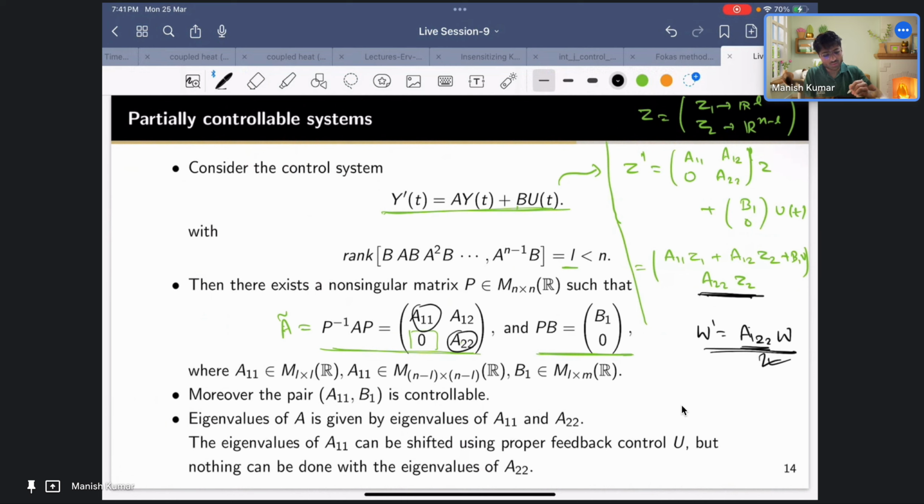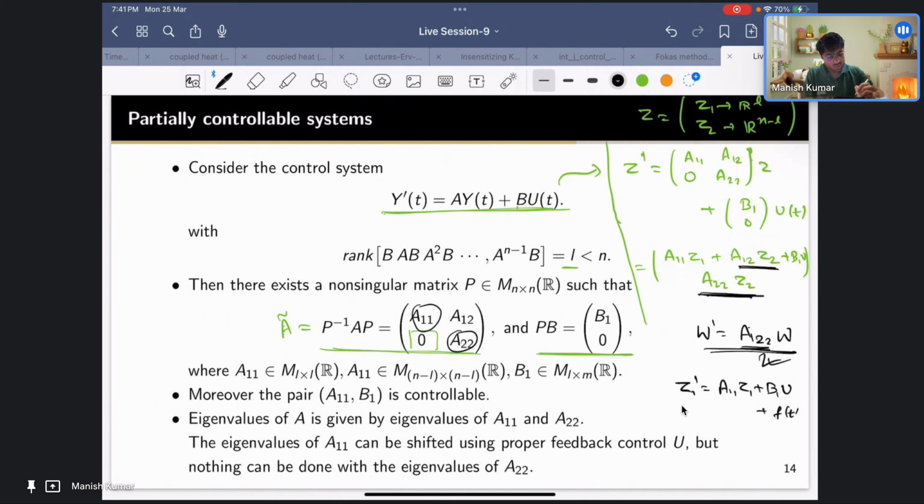Now you just substitute the value of Z2 over here. Now you have a system where Z1 prime is A11 Z1 plus B1 U and then something more, which is A12 Z2, which is known to you.